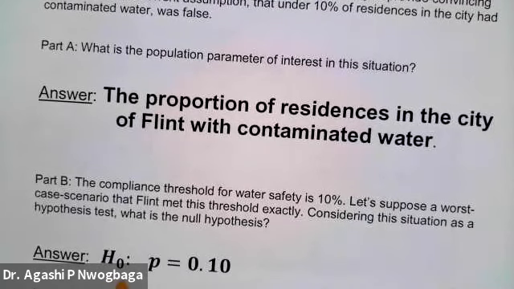So our null hypothesis H0 is P equals 0.10. That is 0.10 because of this 10%. Remember, P is the proportion for all residences in the city of Flint.